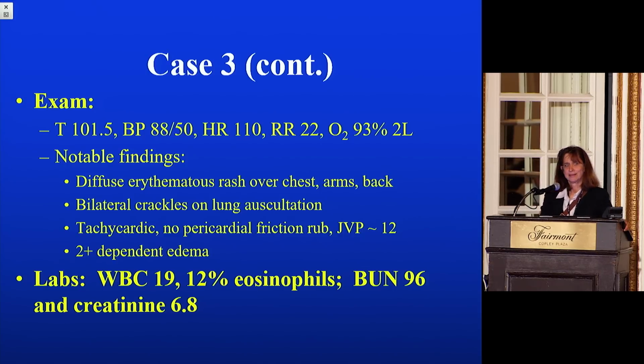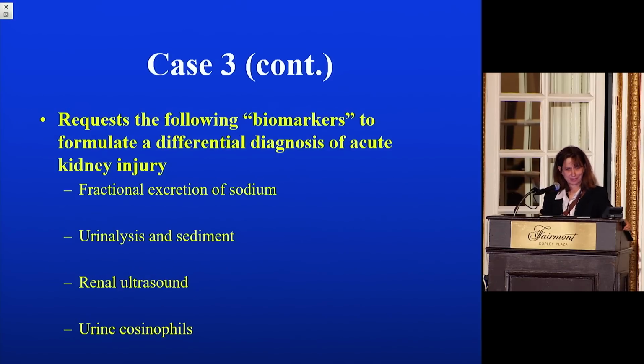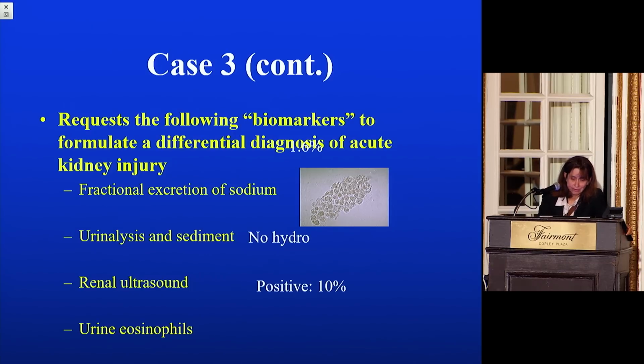Well, this is the garden path here. You request the following biomarkers to formulate a differential diagnosis of acute kidney injury. Fractional excretion of sodium. The fractional excretion here is 1.6%. This slide got shifted, I believe.